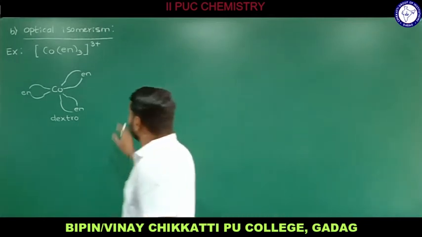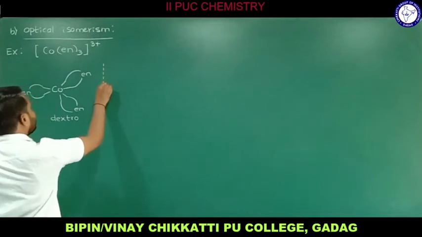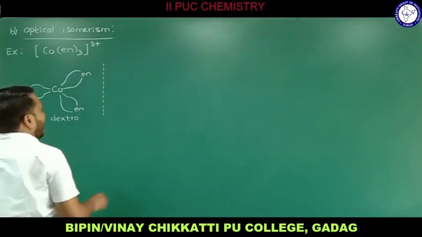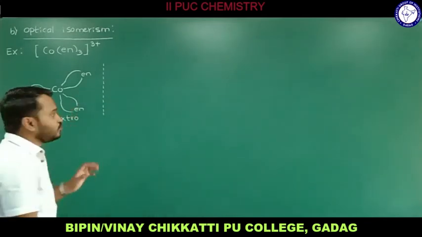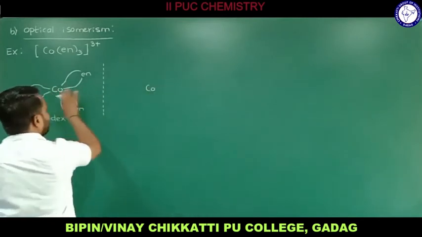And if you want to draw the levo structure, what are you supposed to consider? You are supposed to consider a mirror in between these two. The dotted line I am drawing here is a mirror, and the one more isomer should be exactly the mirror image of the dextro. How should the mirror image be drawn? Exactly in the center we have cobalt only.